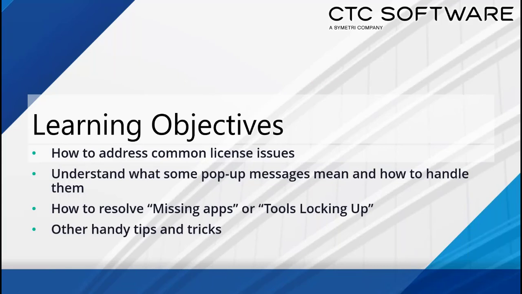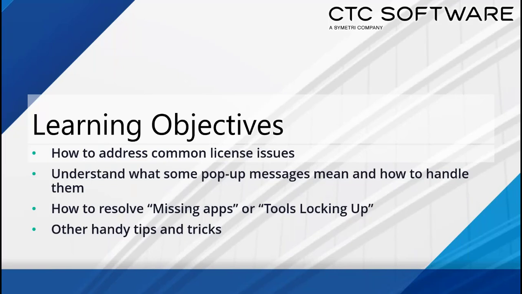A couple of topics we're going to discuss today are some licensing issues, some of the more common ones that pop up that may come across your plate at some point. We're also going to discuss what some of the different pop-ups are that you may see, what you run into, and how to address those, or what they're referring to, quick way to fix them. And we'll get into the portal a little bit.